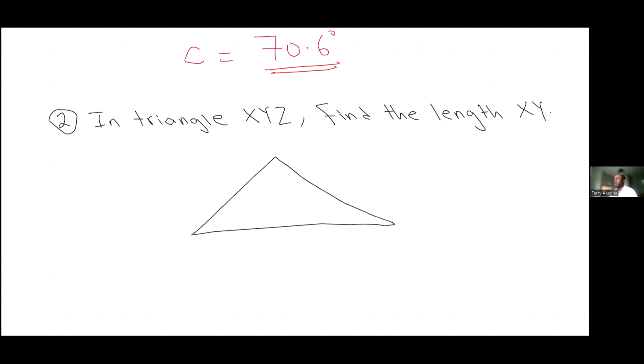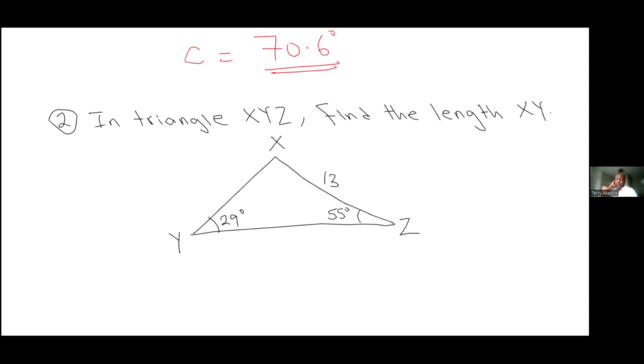This was X, this was Y, and this was Z. We're told this was 29 degrees, this was 55 degrees, and this side was 13 centimeters, or it could be any unit.